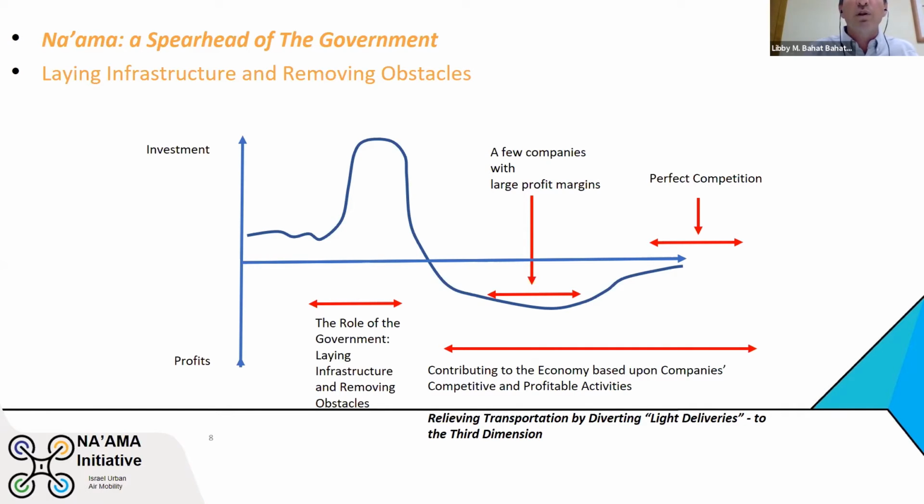This initiative, what we call a spearhead of the government, is mainly meant to remove obstacles. Every company, that's what you see in this diagram, that wants to eventually get to making a profit is very limited by the first stage, the left part of the diagram, where a lot of investment has to be made. Not only money per se, but also time and dealing with what they see as obstacles.